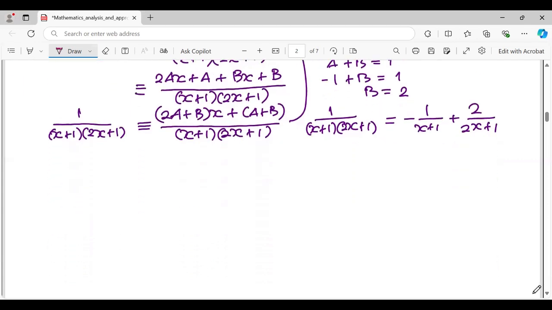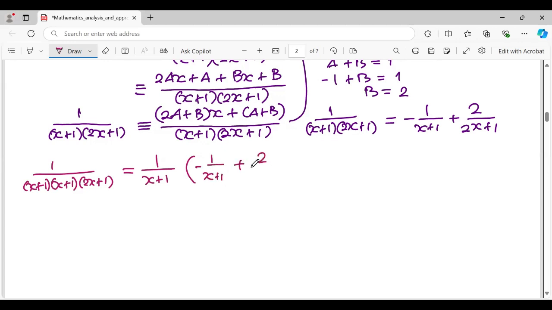So 1 over x plus 1 times x plus 1 times 2x plus 1 equals 1 over x plus 1 times this part: minus 1 over x plus 1 plus 2 over 2x plus 1. Okay? So now we're going to multiply.